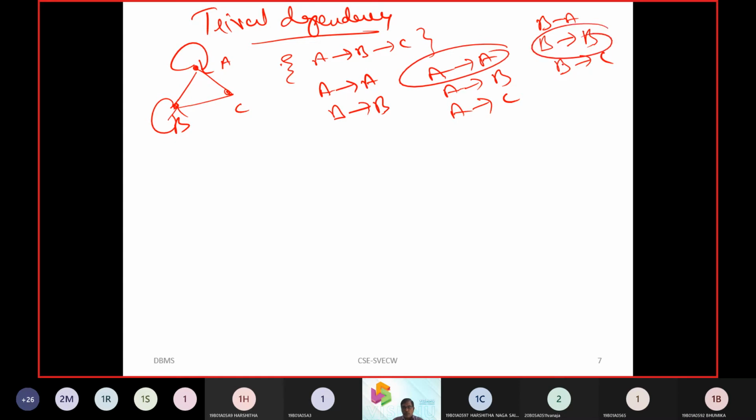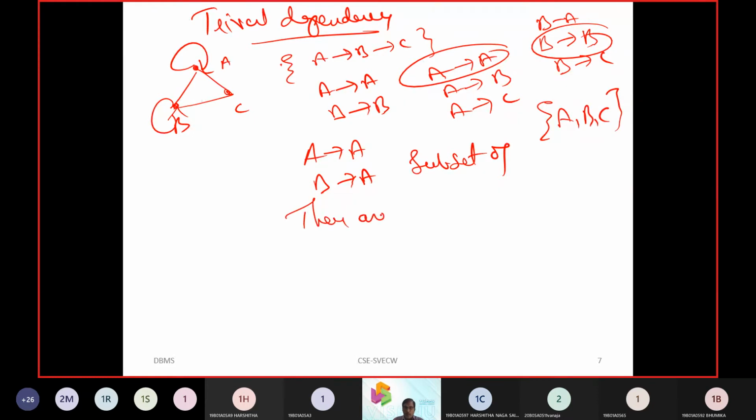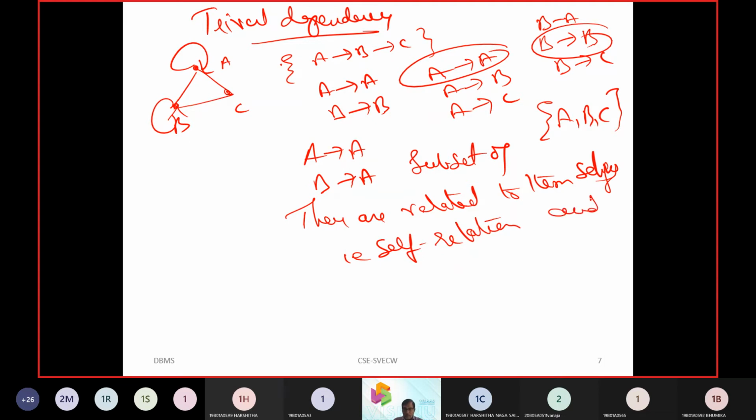A to A and B to B, they are subsets of A, B, C. They are related to themselves. That is, we call it self-relation.